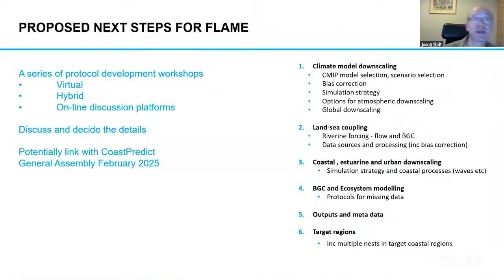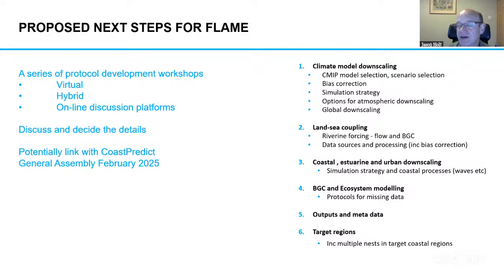So where next with this? There are multiple elements to develop here, and the idea coming forward is to have a set of protocol development workshops. These are most likely to be virtual, though there may be some opportunities for in-person ones.